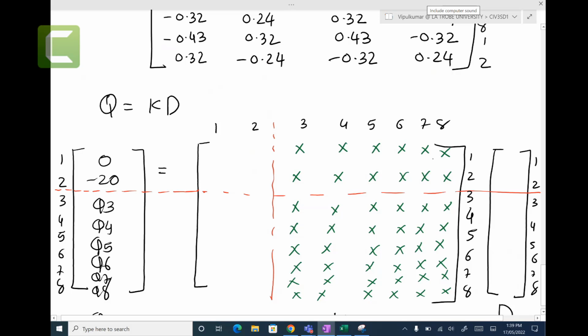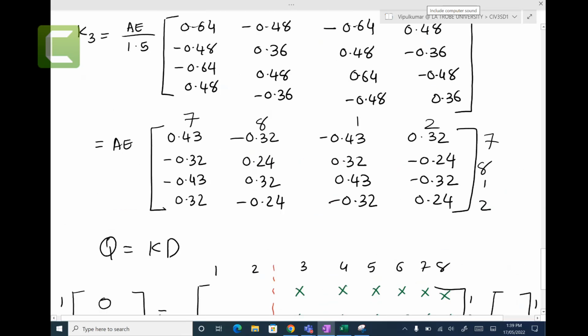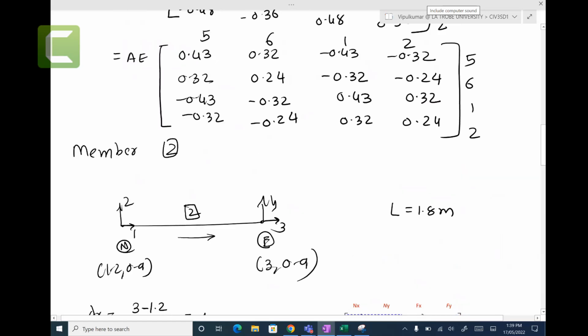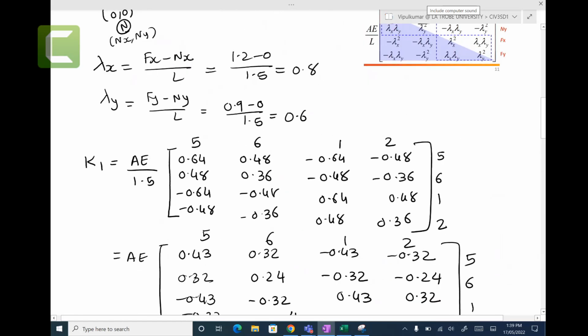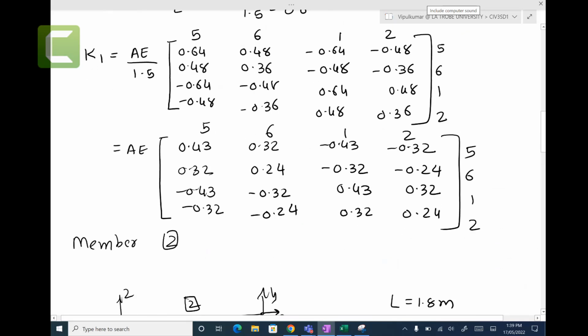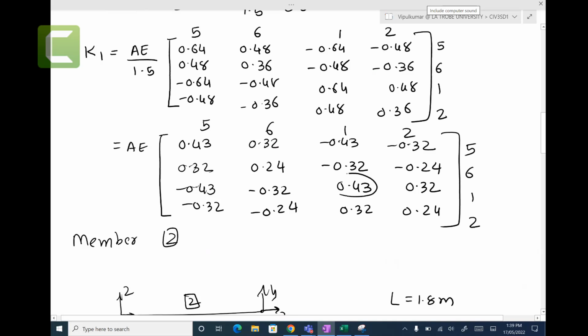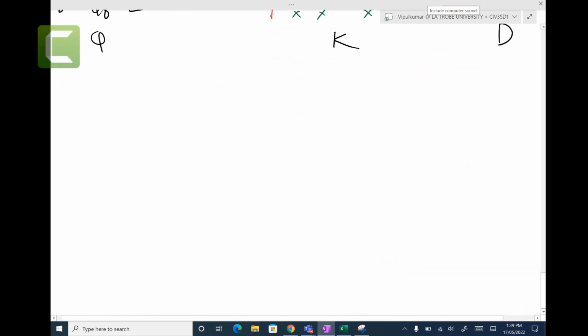So row 1, column 1. Stay with me here if you did not attend the lectures yesterday. So you have row 1, column 1. That is the element here. So we need to go to K1 first, row 1 and column 1. K1, row 1, column 1 is 0.43.